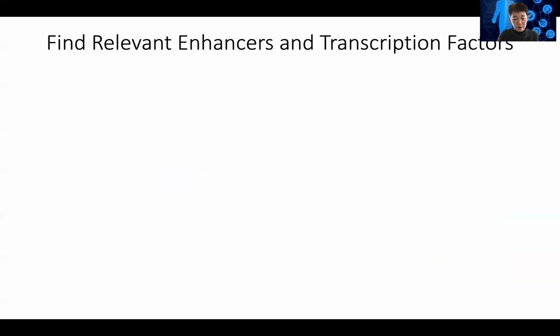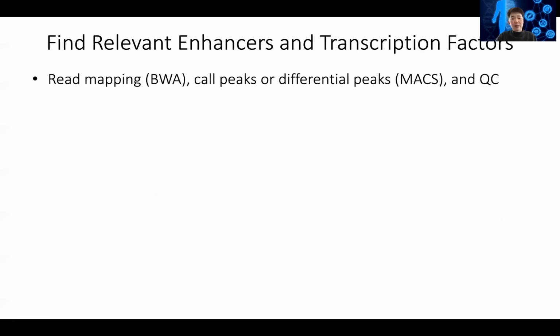And so usually what they do is they do this ChIP-seq, and in terms of analysis, the very first thing you do is you get the FASTQ file, and you can analyze it in a similar way as when you do ChIP-seq. You do the read mapping using BWA. You can call the peaks. You can also call the differential peaks between different conditions using MACS. You can do the standard QC to make sure this experiment actually worked.